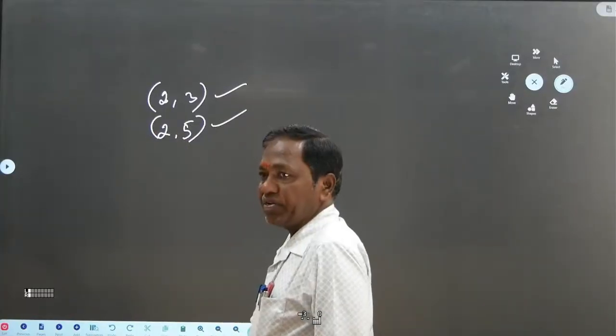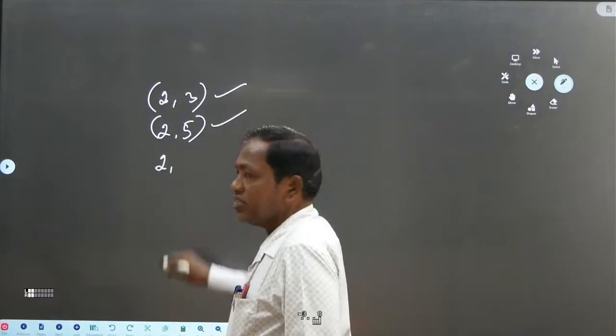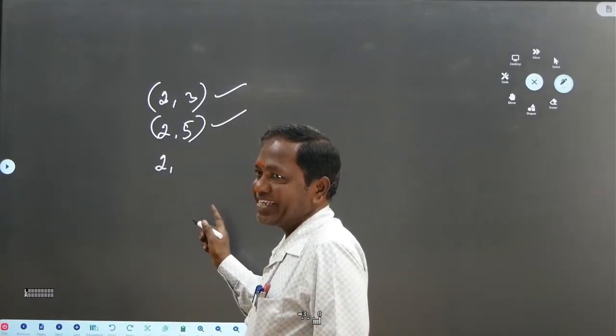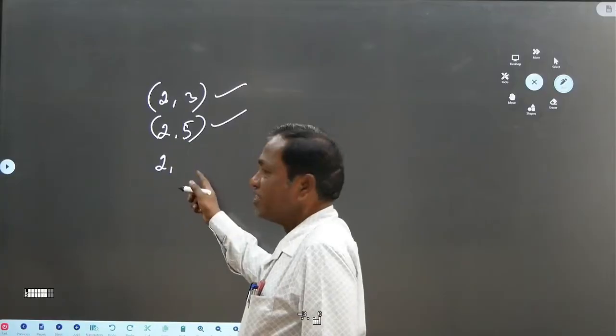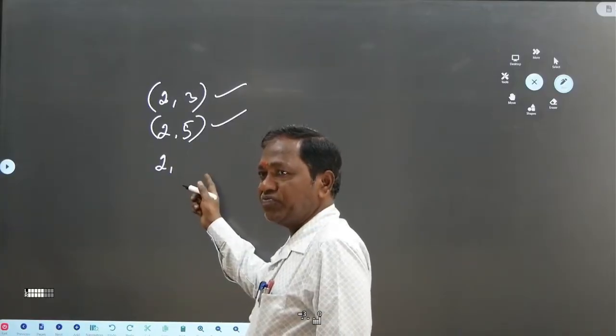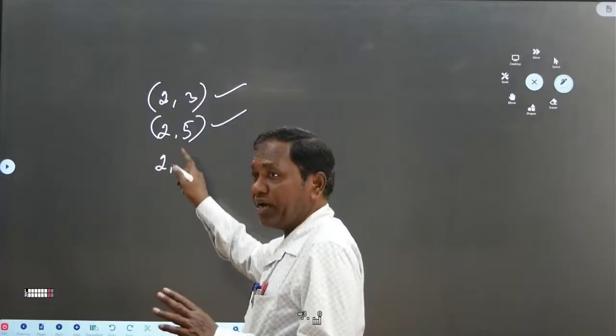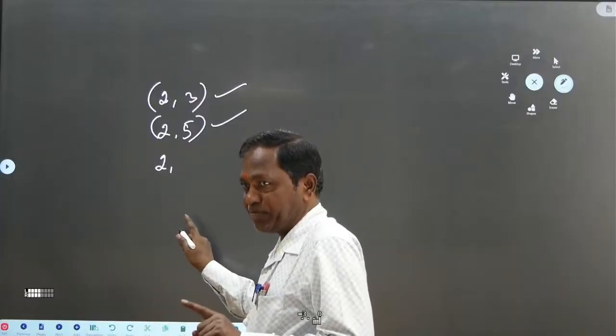This is the co-prime number. 2 and 6, can you take 2, 6? I said multiples of 2 are not required. If you take 6, that is a multiple of 2, so 2 also will divide 6.